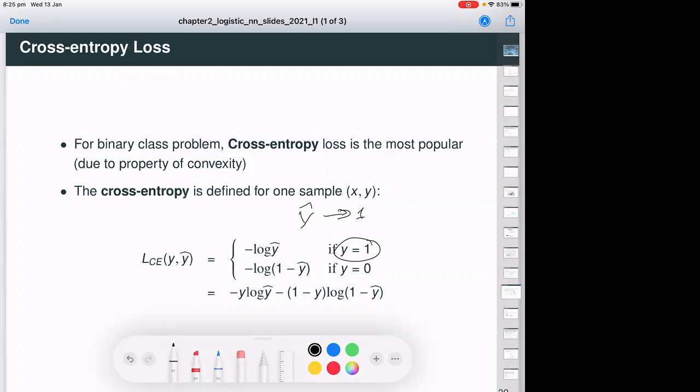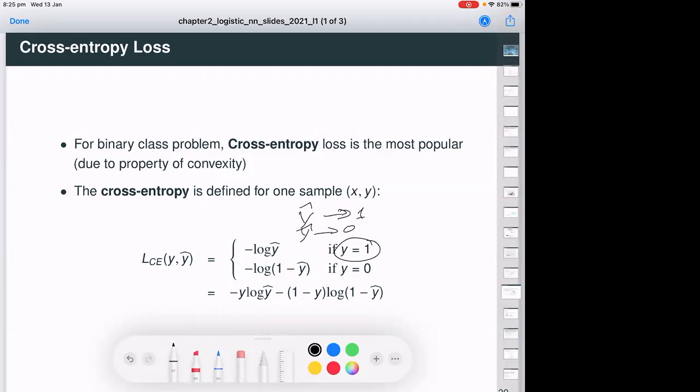But if the prediction is close to 0, the log of 0 is minus infinity, and minus minus infinity is plus infinity. So if our prediction is 0 and the true value is 1, the loss is pretty bad. That is the role of the log function.